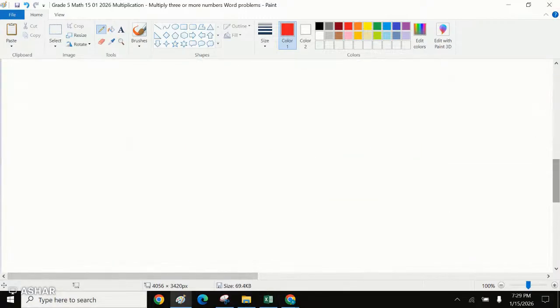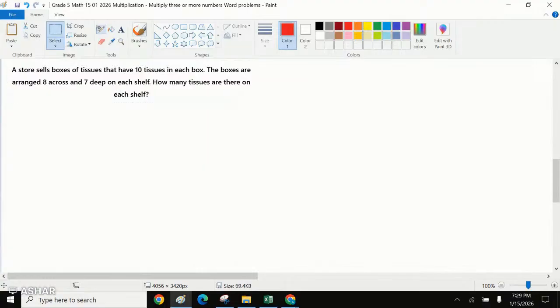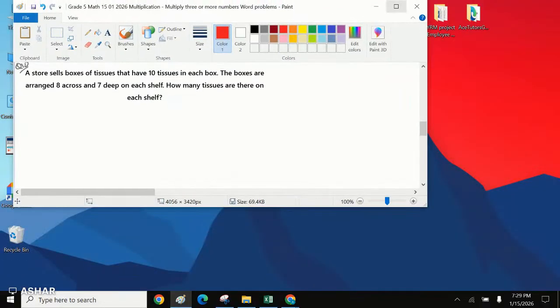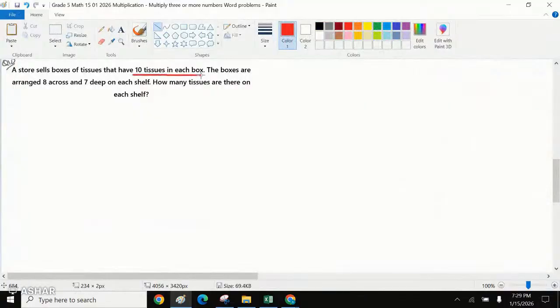Question number 10 says a store sells boxes of tissues that have 10 tissues in each box. There are 10 tissues per box. The boxes are arranged. They're telling about the arrangement. 8 across. We can see 8 in the front and 7 deep, right? That means 7 at the back.